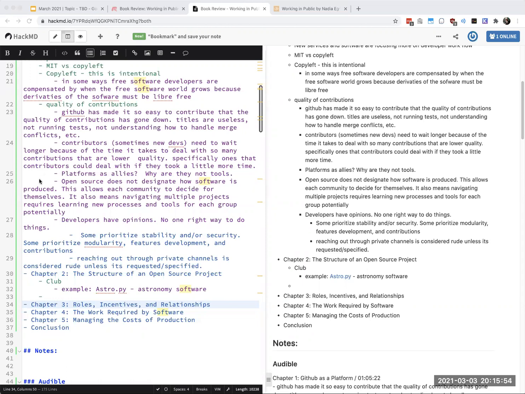And there's some other notes I had. There was someone named Benkler that seemed to focus on the mystery of coordination costs.